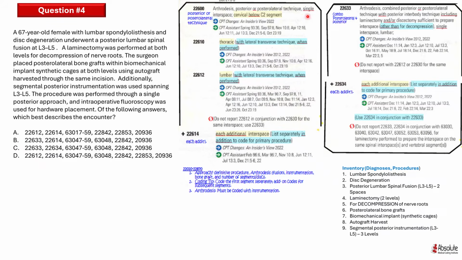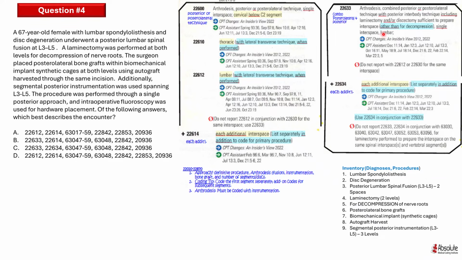Now, my goal is to see if 22633 is better, right? So let's read it. Arthrodesis combined posterior or posterolateral technique with posterior interbody technique, including laminectomy and or discectomy sufficient to prepare interspace other than for decompression. Well, I saw something that might give me a little pause because I don't see this interbody technique in my list.